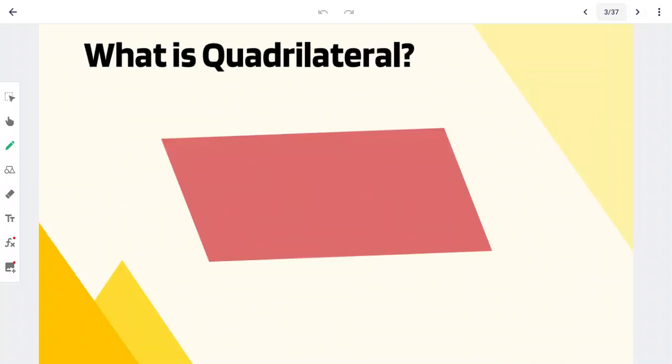So what is a quadrilateral? Now here you see a figure is given. Count the dimensions. How many dimensions? It's a 2D figure, correct? It is closed. How many sides does it have? One, two, three, four. It has four sides. What about angles? One, two, three, four.